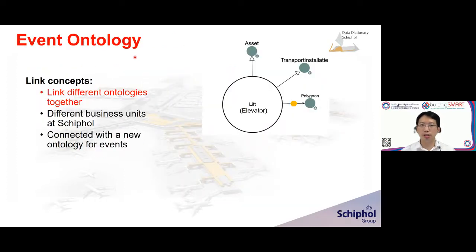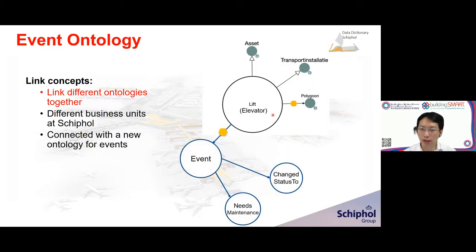Another interesting thing is they don't only represent the object or the built asset themselves. They also support the action. Okay, that means they also have the event defined in the data model. You can see that, for example, they have a lift or elevator, and then this one is linked to the transportation, etc. But they also link this one with the event.